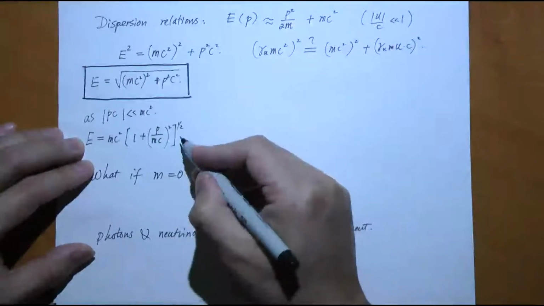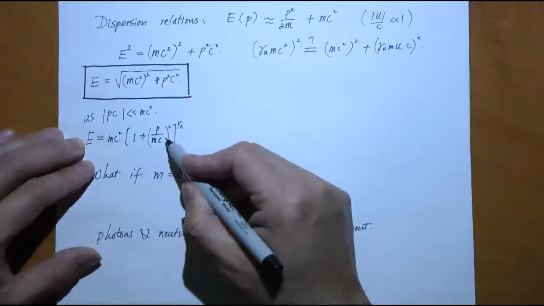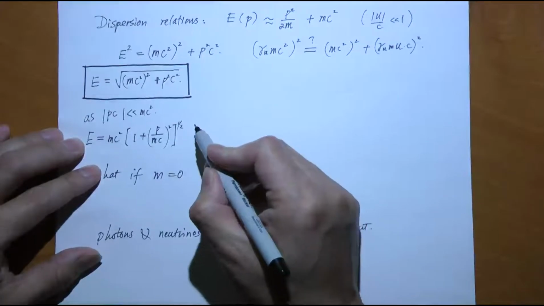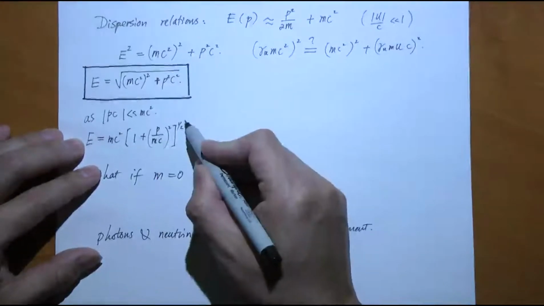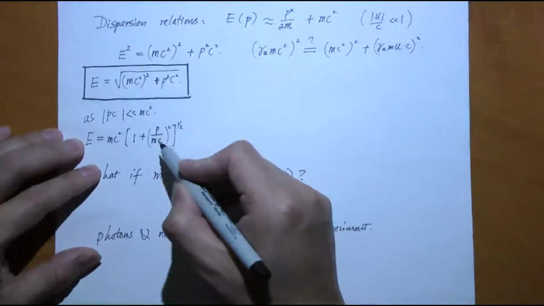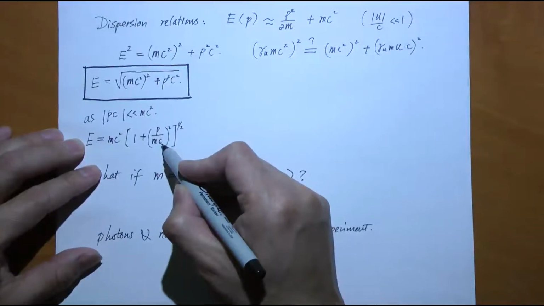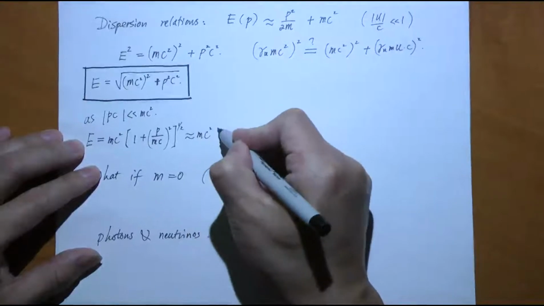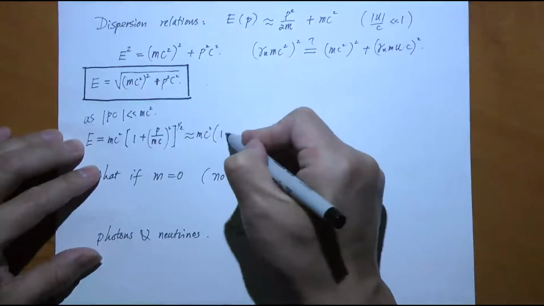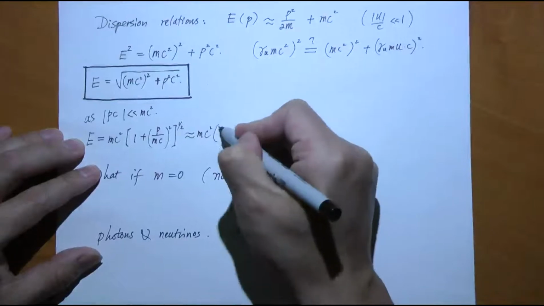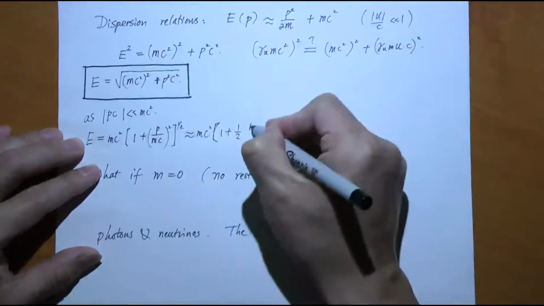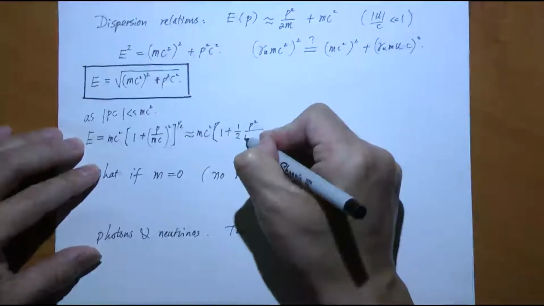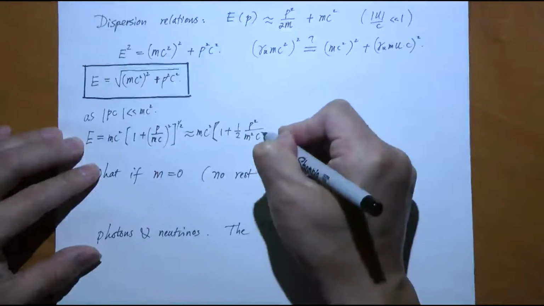Right? There's no approximation so far, but next I'm going to approximate, because I know that this is 1 plus x to the power n, with n being 1/2 and x being (p over mc) squared, which is much less than 1. So this is approximately 1 plus nx, so it's 1 plus 1/2 p squared over m squared c squared.